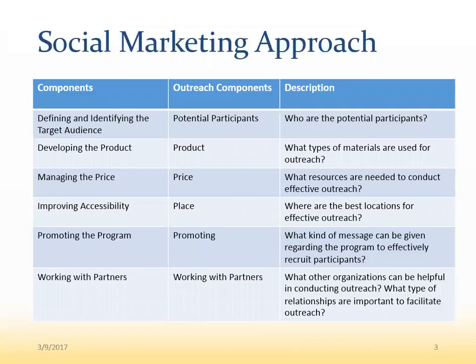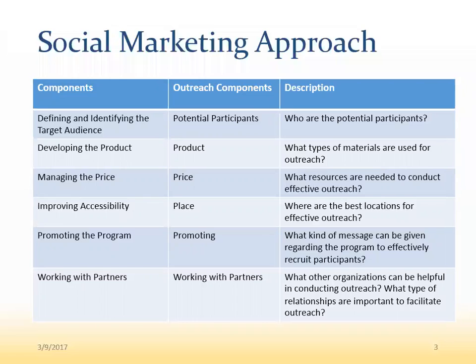If you're conducting outreach focusing on prenatal care, then your potential participants or clients would be pregnant women. The product, again, is the materials you're using. That might be flyers, brochures, handouts, items that you may be giving to clients or potential clients.